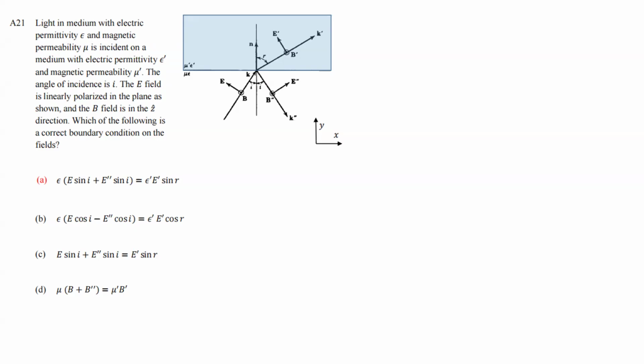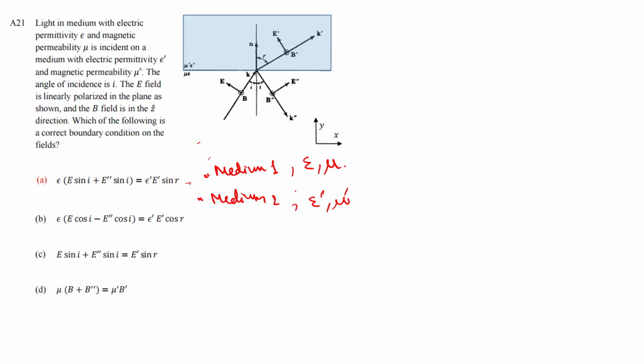Here, the problem states that a plane wave is incident on the interface between the two media. Medium one has permittivity epsilon and permeability mu, and medium two has epsilon prime and mu prime, right?